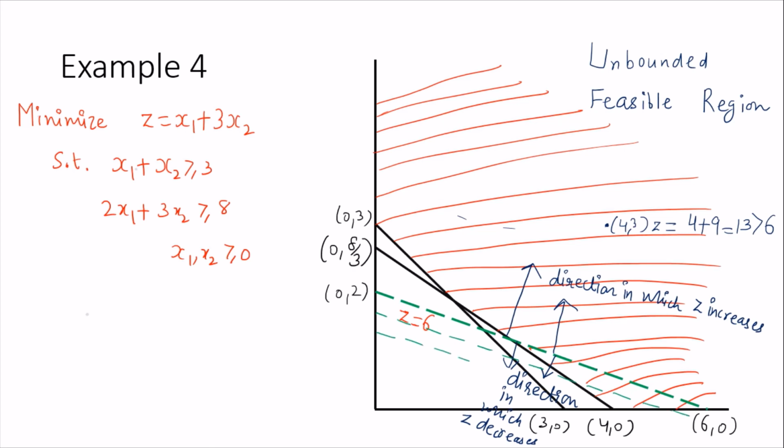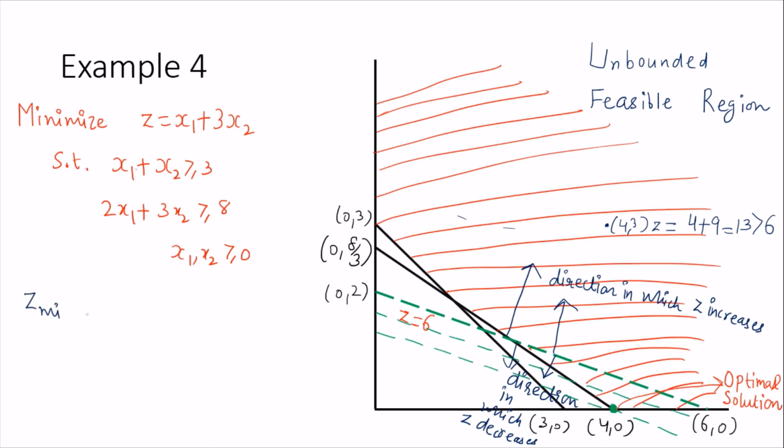So moving this line here, I have to stop at the last point of the feasible region because after that I don't want to go out of the feasible region. So moving in that direction, you figure out what is the last point which you encounter while moving in that direction. So 4,0 is the last point which I'll encounter, so that I'll be declaring as my optimal solution.